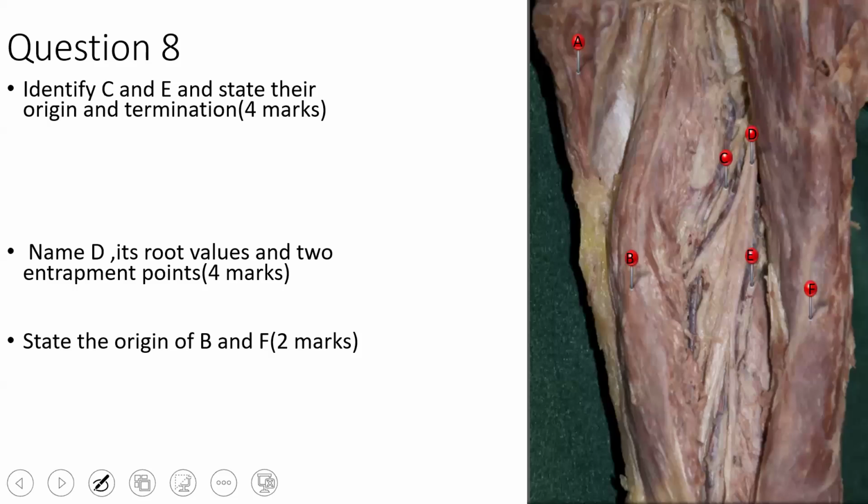Someone is saying posterior arm, and I agree. Which limb? Upper limb, lower limb? I think we can all agree this is the posterior aspect of the arm. Okay, so what is C and what is E?